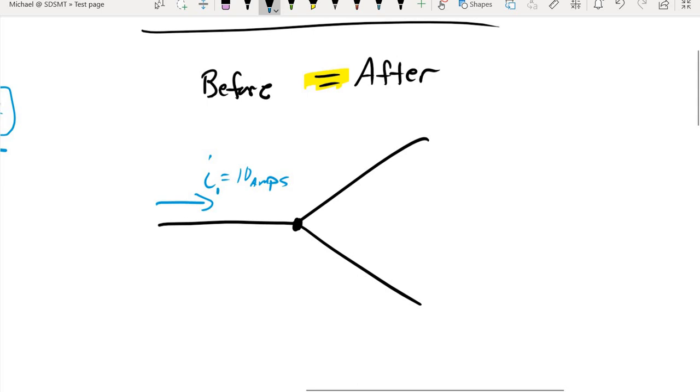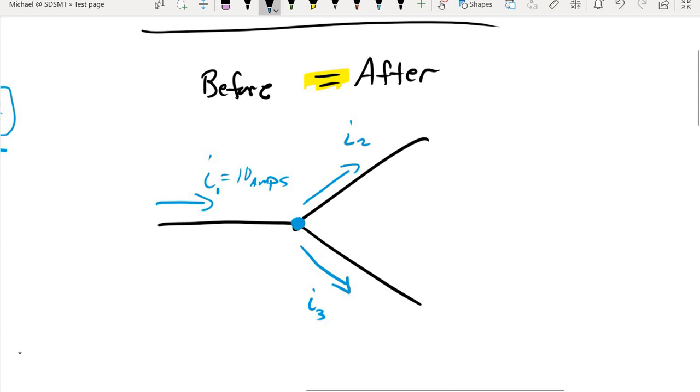But when that current reaches the intersection, it has to make a decision. Does it go up and to the right or down and to the right? And the answer is yes. It will do both. Some of the original current will travel up and to the right, and some of that current will travel down and to the right.